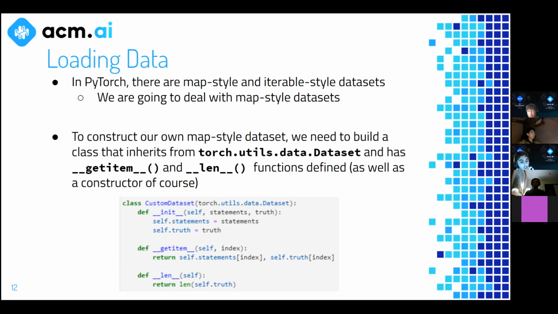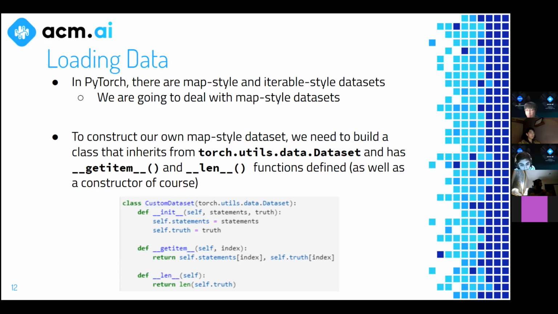Because if you don't define that, when PyTorch is doing all of its operations and doing a bunch of nice things for you, it's going to try to call that function at some point. And if you don't have it defined, it's going to be like, well, where's my function? And it's going to throw you a runtime error.